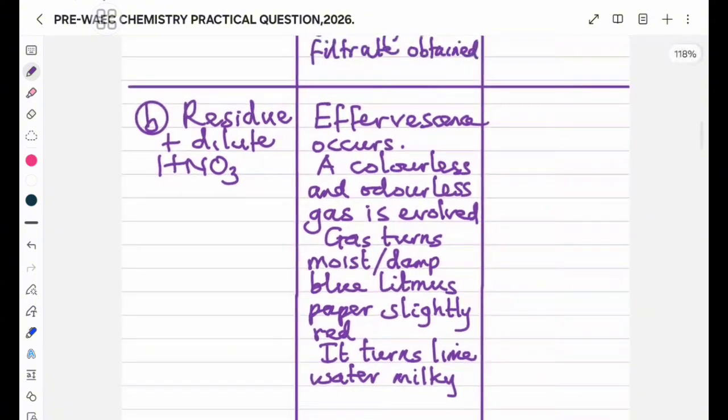Now, what are the inferences you write? The first thing that you write is the gas is CO2, the CO2 gas. How do I know? From the lime water test. It is not enough to say it's CO2 from the litmus paper test, because there are some other gases that are acidic. But the only gas that turns lime water milky is CO2.